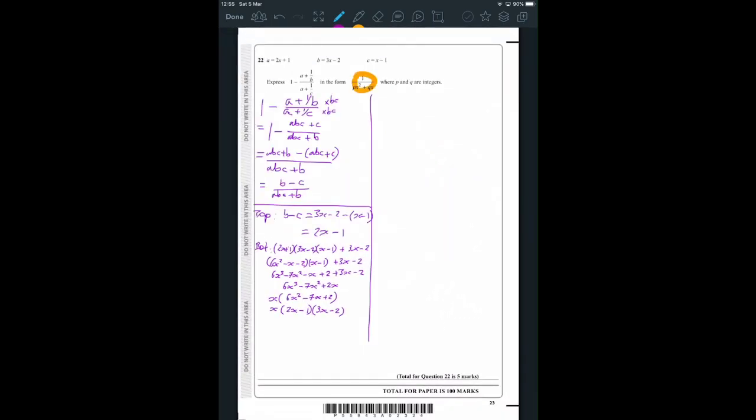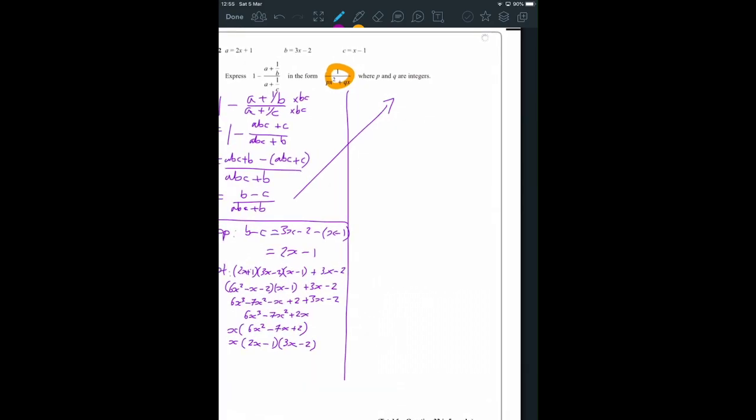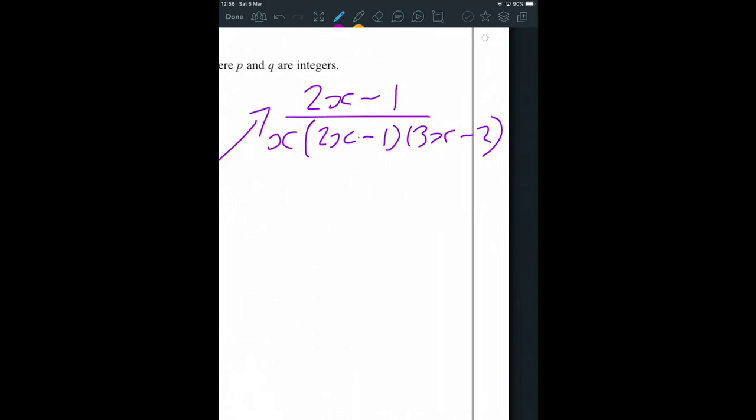So I'm going to go back now to the expression and put in what I've just worked out. So the numerator is 2x minus 1, denominator is x, 2x minus 1, 3x minus 2. I've gone outside the box, which you shouldn't really do.